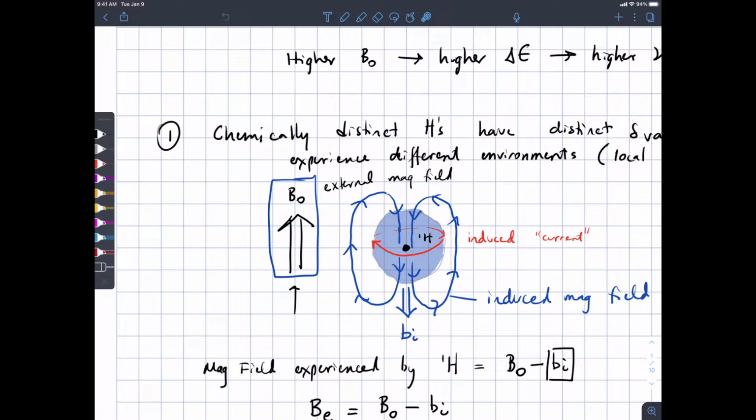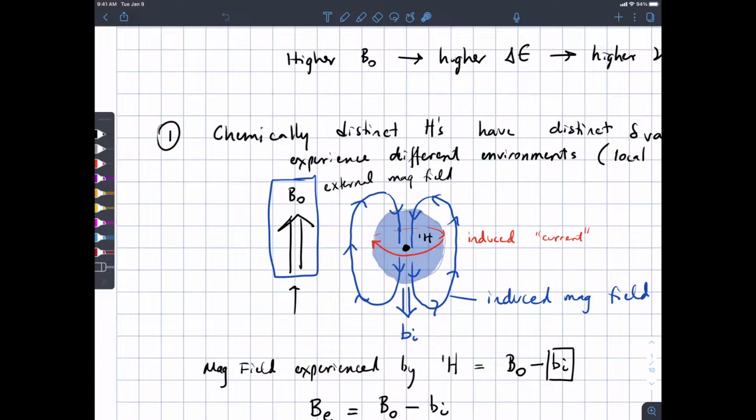Questions so far? Yes? If the thing that's causing the shielding is induced by the field, and is then being shielded, it sounds a little bit circular. Well, the thing that is experiencing the field is the proton.